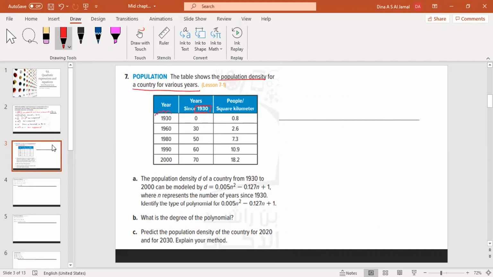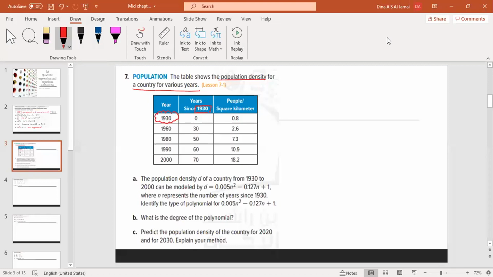So they are starting to calculate from 1930, which will make for you each year will be comparable to 1930, and it will be giving you the people per square kilometer. So let's focus here on A.